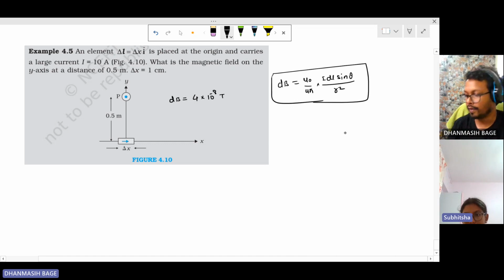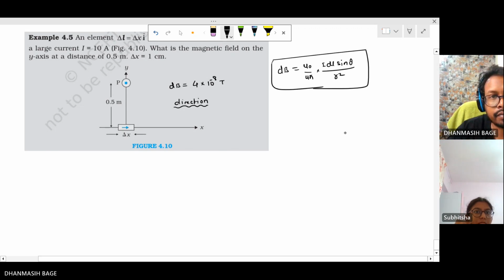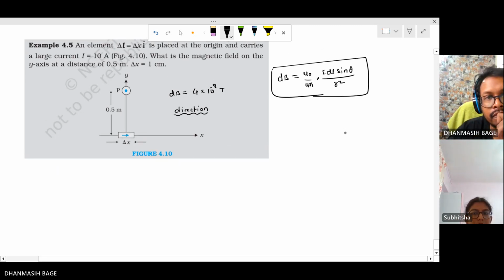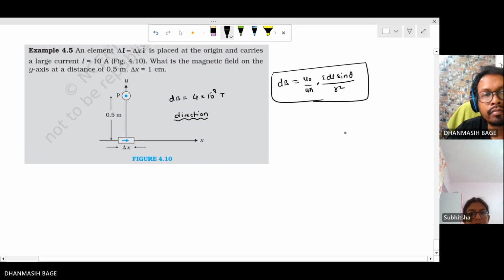That is the case. Okay, what is the direction? Inwards.